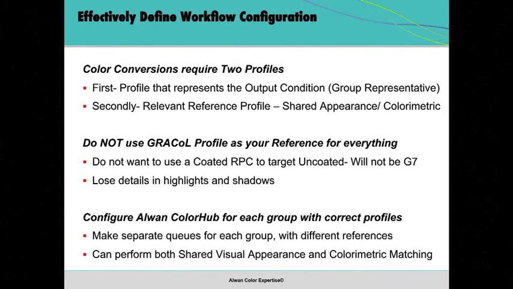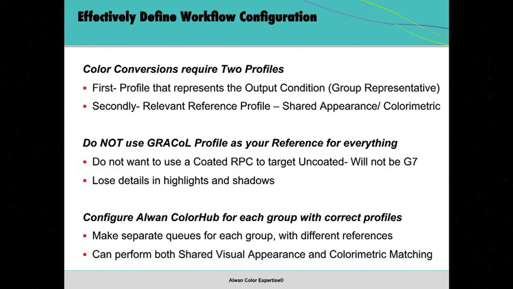If you try to use Grackle as your reference profile for an uncoated print condition, or even a matte or a silk, oftentimes you'll lose details in the highlights and shadows, and you'll never get a G7 passing grade for the print. It's because Grackle is too big to represent an uncoated condition, and that's why we'll want to use something like CRPC 3, which is like a Grackle uncoated reference condition for that scenario.